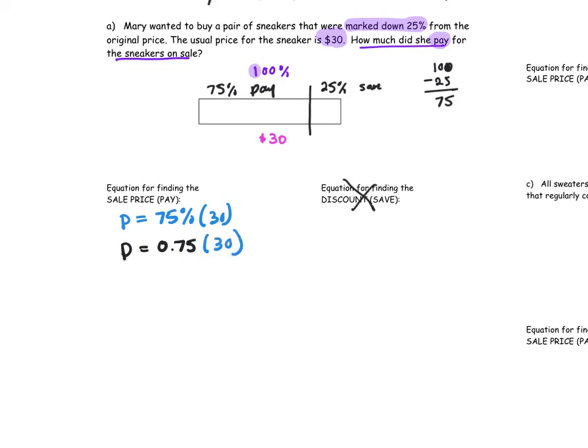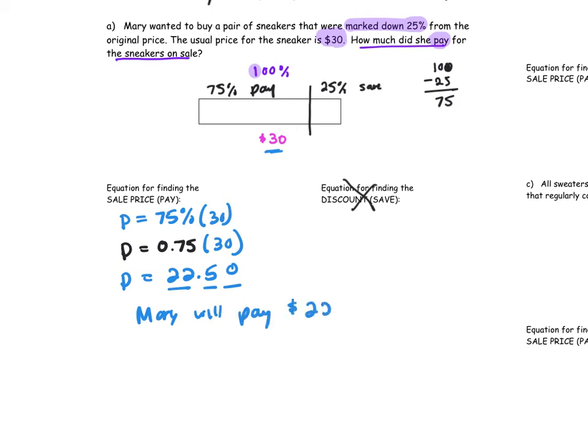And then finally, once we multiply that, the part is going to be expressed like this, 22.5. However, remember that's money, and we need dollars, dimes, and pennies. So Mary will pay $22.50.